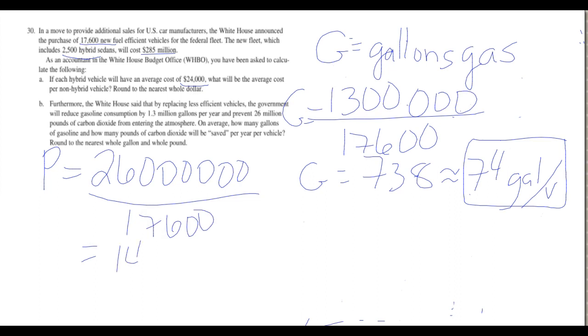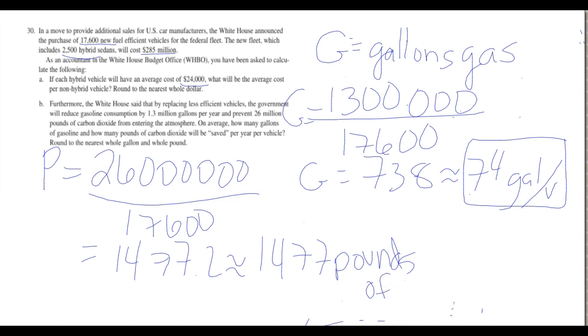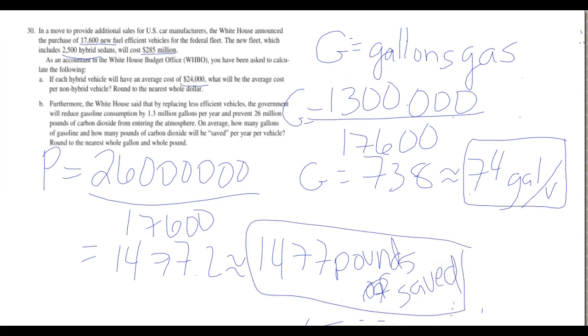So you get 1,477.2, which is approximately 477 pounds per vehicle of carbon dioxide saved. And there you have it.